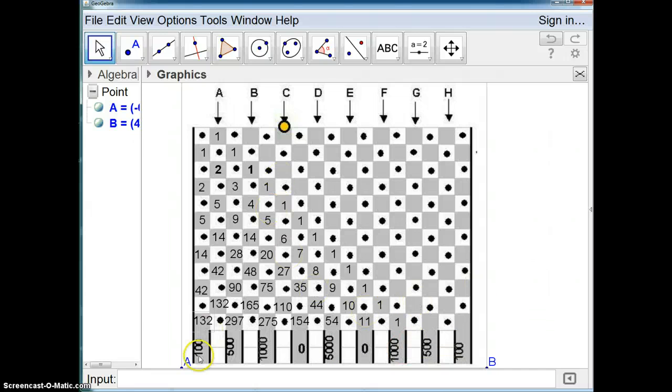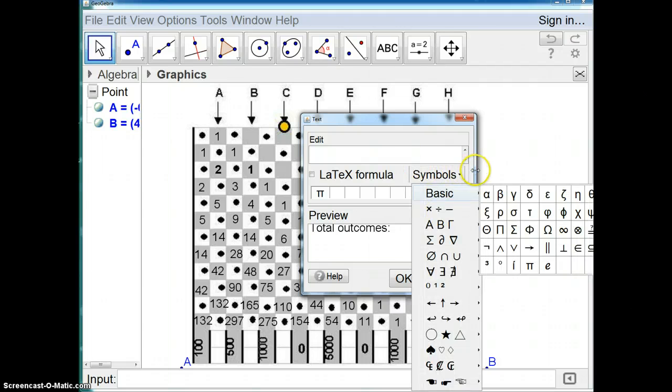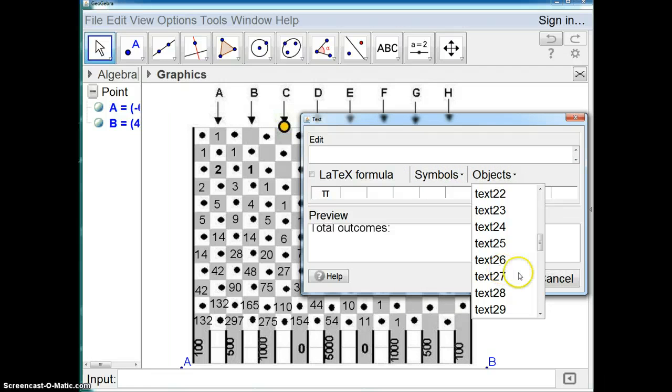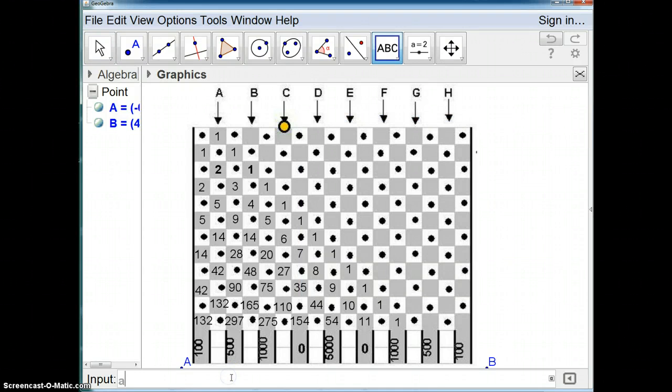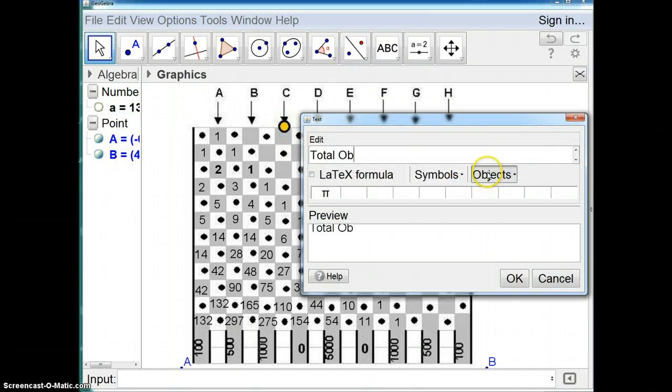What we can now do is take these numbers along the bottom, and these represent our probabilities, if you will, for how we can get to the end. So we're going to go total outcomes, for little a here.